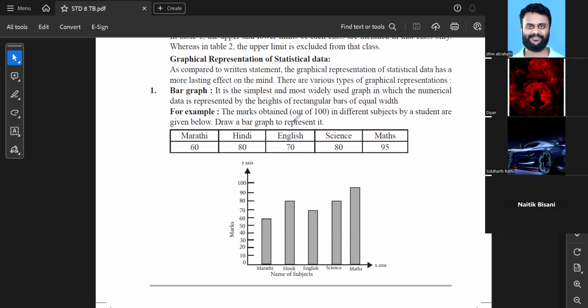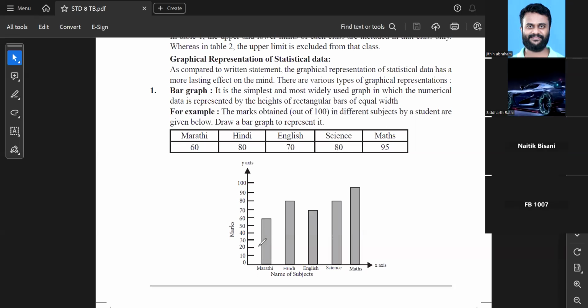For example, marks obtained out of 100 in different subjects by a student are given below. Marathi 60, Hindi so and so, English, science, math. So what do we do? We make a graph. In order to make the bar graph, we will need two axes. The first one is x-axis and the second one is y-axis. Two axes we need.